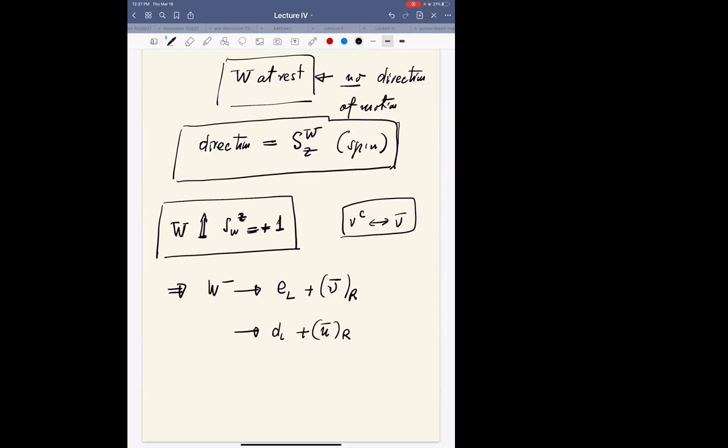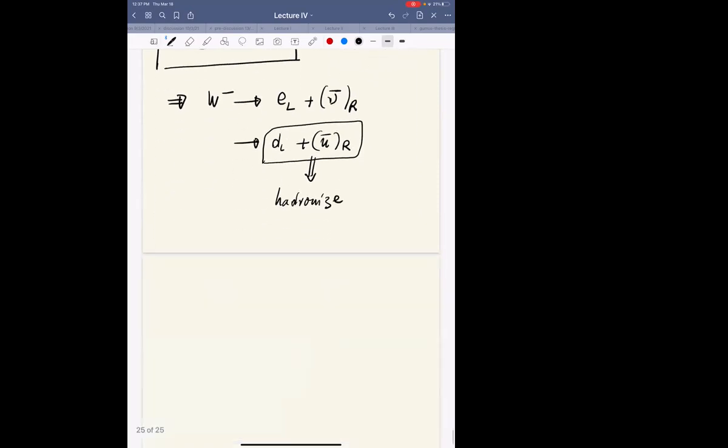And here, the only thing to say is there are no free quarks. When you look at the experiment, they hadronize. You produce what we call jets. When W minus decays, it was at rest, so you get, say, a down quark going this way and an anti-up quark going this way.